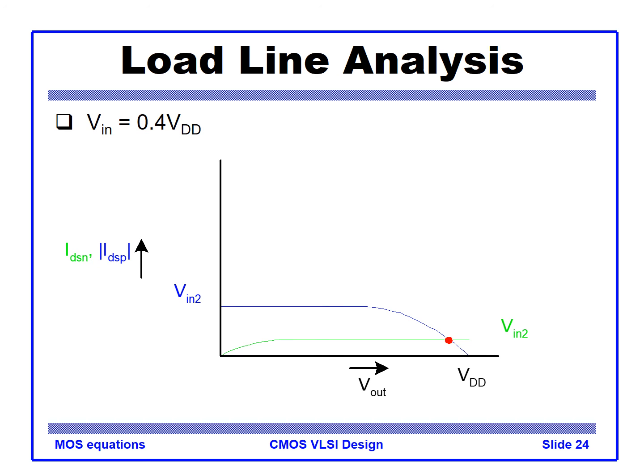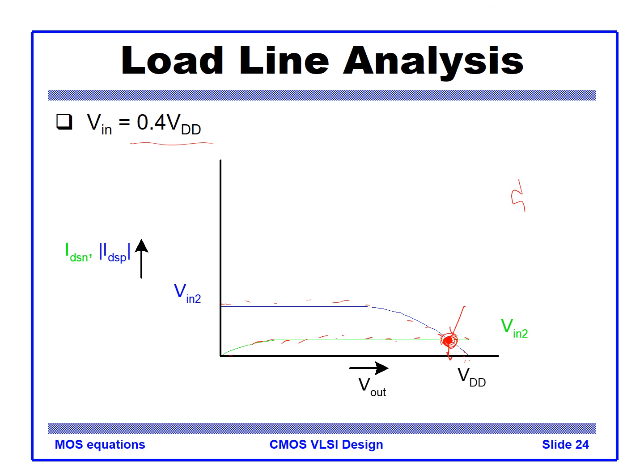Once the input level is greater than the NMOS VTH, the NMOS starts flowing current. We know the relationship between V out and the current level, and the PMOS will have a curve like that, so the only crossing point is here.